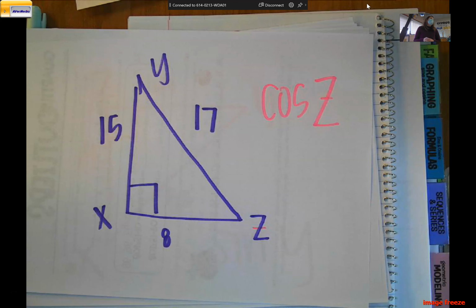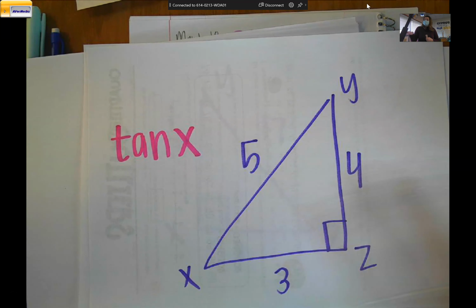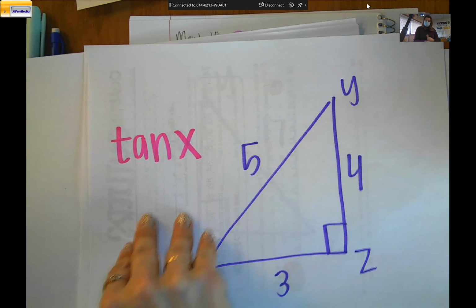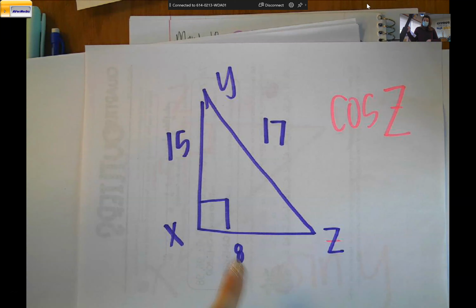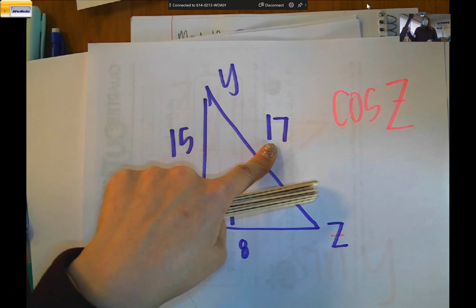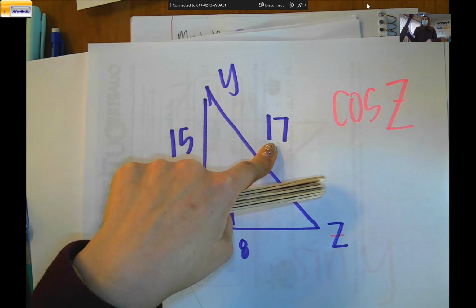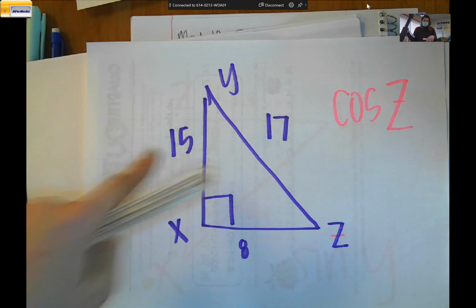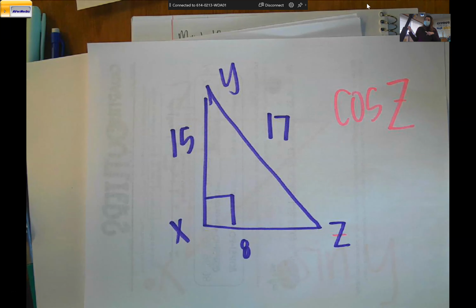Yes, no? 8/17. Cosine Z is adjacent over hypotenuse. Wait, no. It's adjacent over hypotenuse, 8/17. And then you can't simplify it. So 8/17.